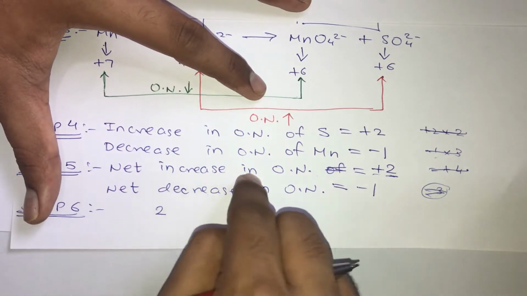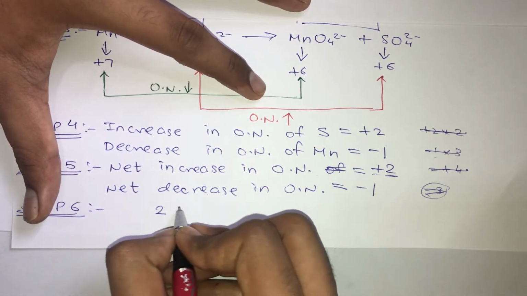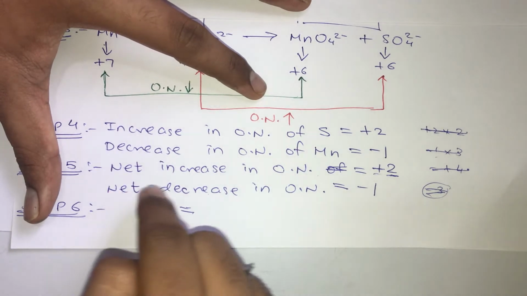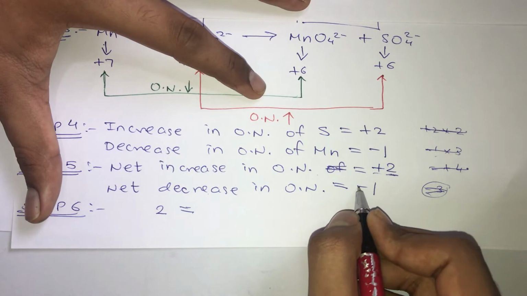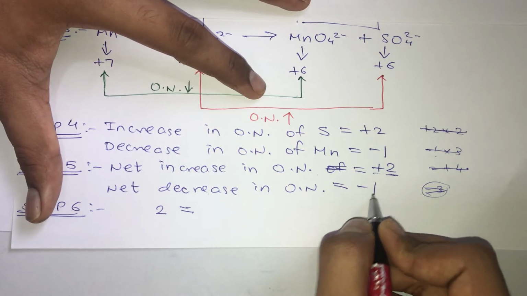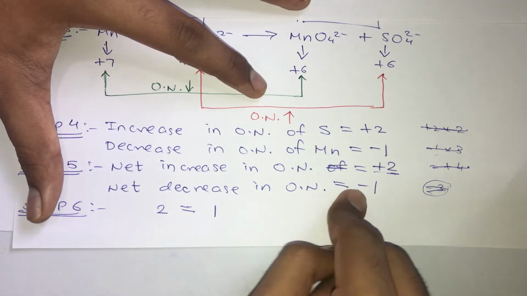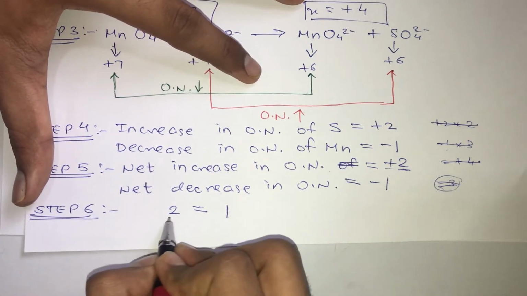So the net increase in oxidation number, the magnitude is 2, should be equal to the magnitude of net decrease in oxidation number. So here we have to make this magnitude 1. What is the magnitude? 1. We do not consider the sign. So we want to make this 1 equal to 2.